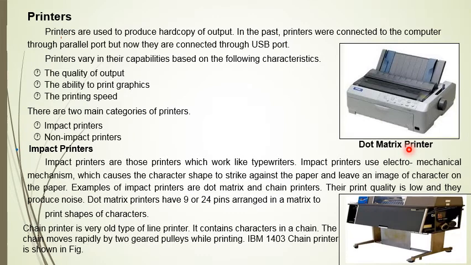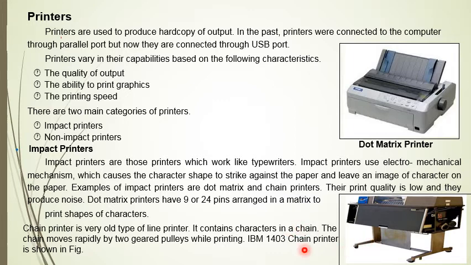The another impact printer which we have is the daisy chain, or we can say chain printer. It's a very old type of line printer, and it contains characters in a chain, meaning one chain is there with characters embossed on it. The character you want to print will be aligned to the page, and a hammer will strike over there and produce the image, completely like the concept of a typewriter.